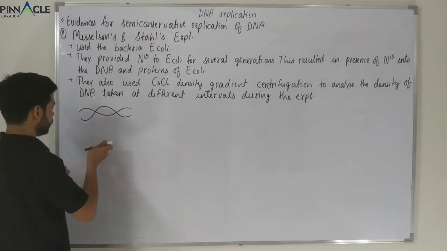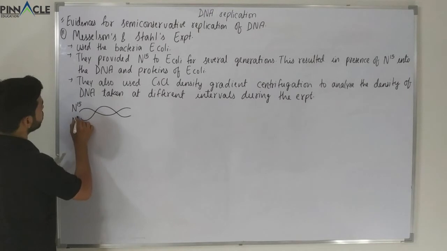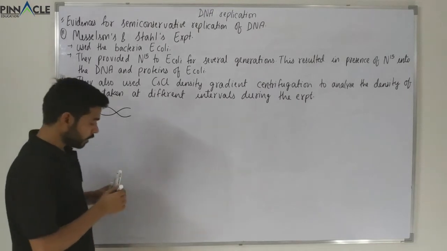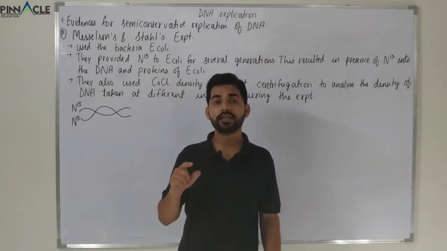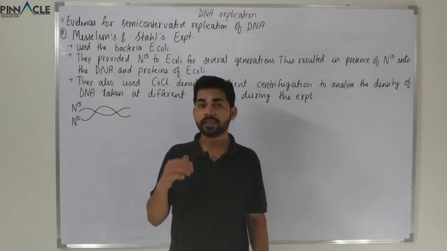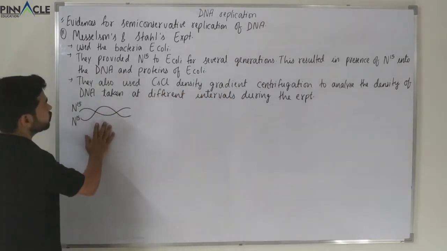So this DNA was containing nitrogen 15, that is N15, and here also it was containing N15. Nitrogen has two isotopes, that is 15 and 14. N15 is not radioactive but is a heavier isotope in terms of density only. So these two were there.